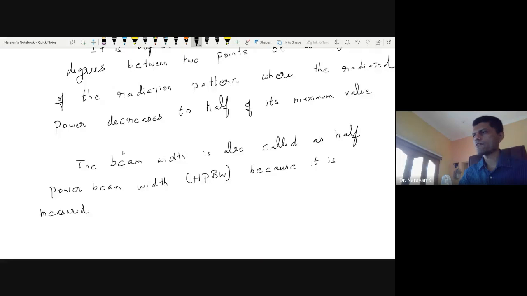All these definitions are very important from the examination point of view. Please make a note of it, because the definition will carry 6 to 8 marks in your VTU university examination.